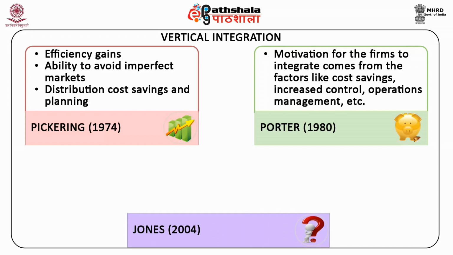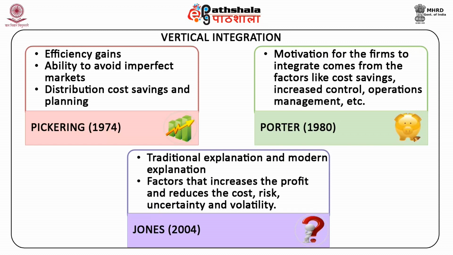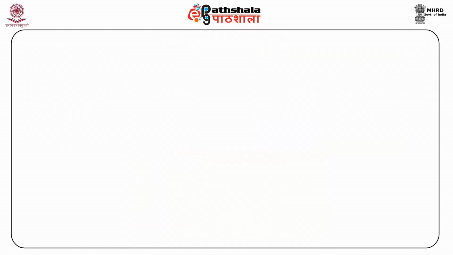Jones, in 2004, examined the reasons for vertical integration of the firms under 2 categories referred to as traditional explanation and modern explanation. Both sets of explanations look for the factors that increase the profit and reduce the cost, risk, uncertainty, and volatility. These 2 sets of explanations have been dealt with in detail in the following sections.